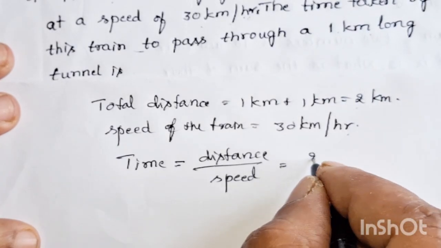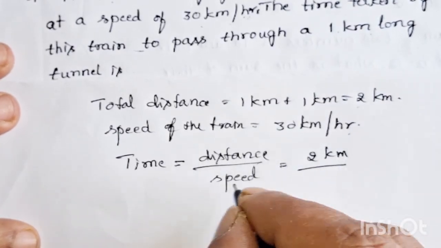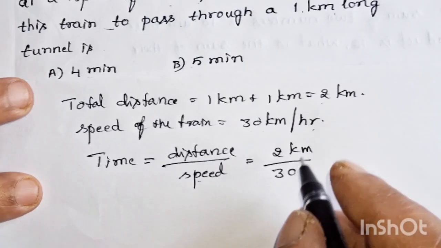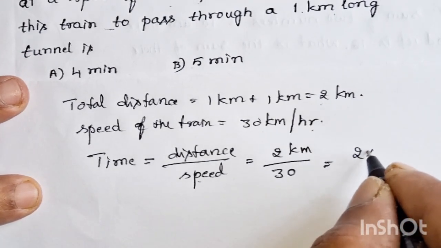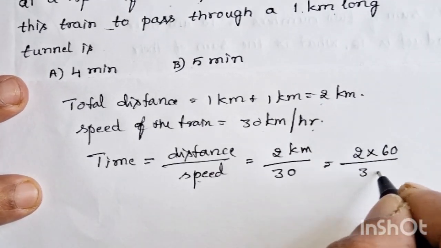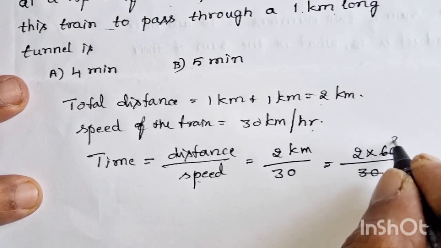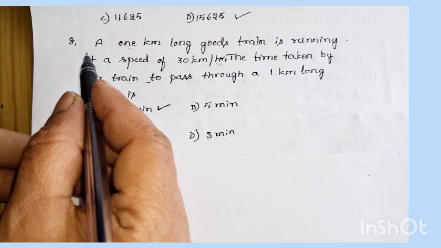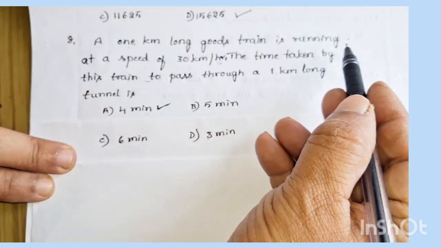Distance is 2 kilometers and speed is 30 kilometers per hour. 1 hour is 60 minutes. We can write it as 2 multiplied by 60 over 30. On simplification it becomes 4 and the correct option is A, 4 minutes.